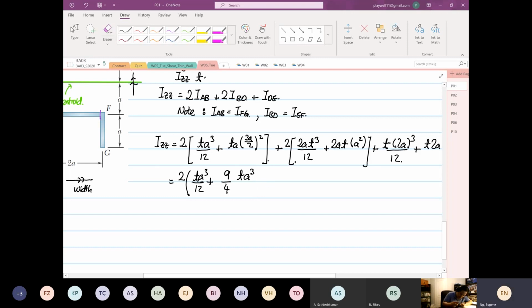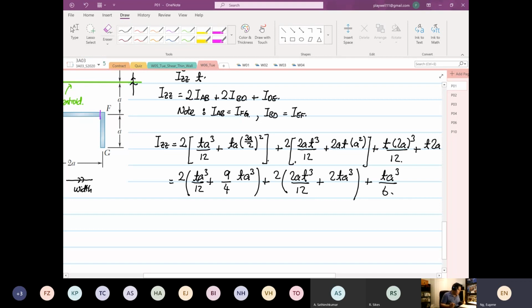Okay, then plus twice, 2A T cubed over 12, plus 2TA cubed. I know I'm not standardizing down here. Then plus TA cubed divided by 6.